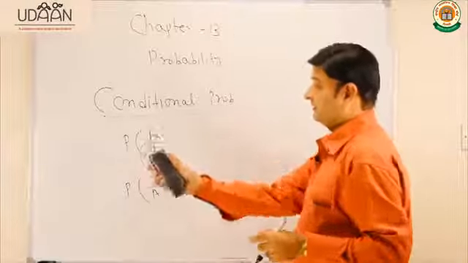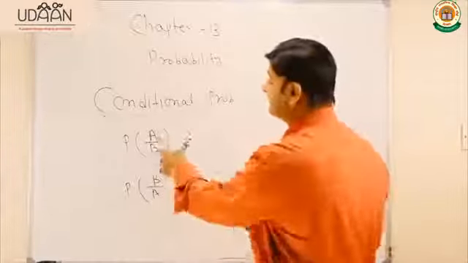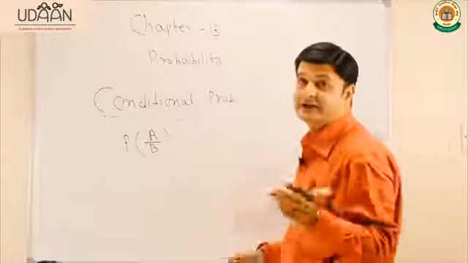So now, first we come, what is the formula for calculating P of A upon B? Details are given in the book.